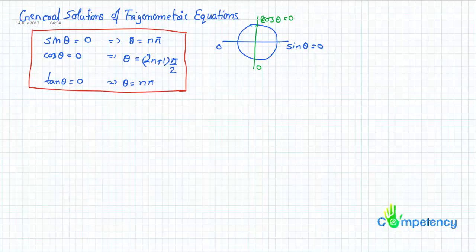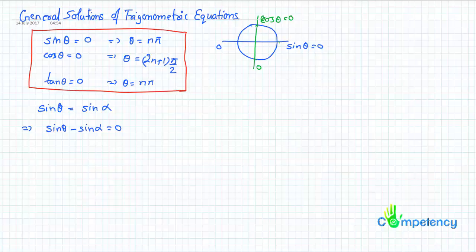be some specific values. For example, if sine theta is given to be equal to sine alpha, in that case we can rewrite it as sine theta minus sine alpha equals 0.